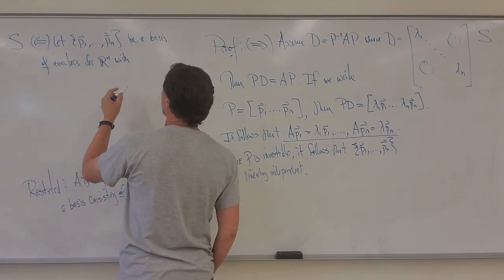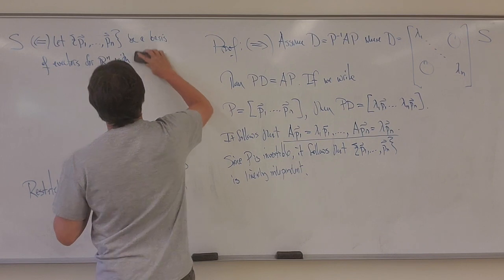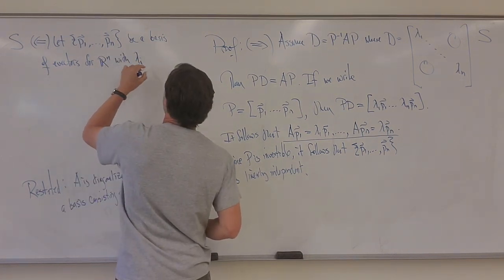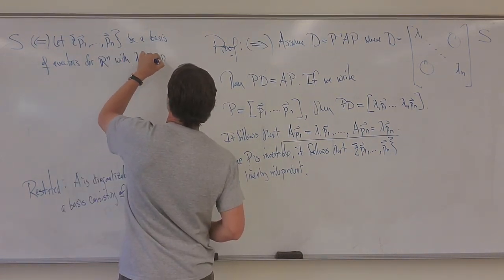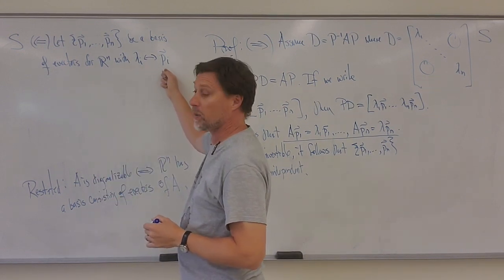I'm going to write it with lambda sub i, corresponding to P sub i. So lambda i is the eigenvalue corresponding to P sub i.